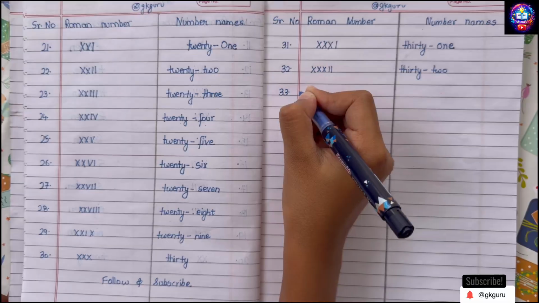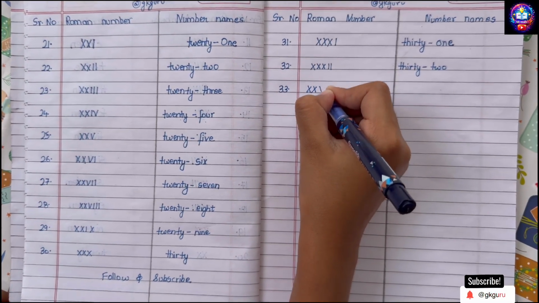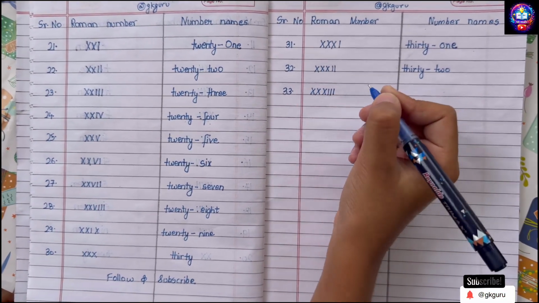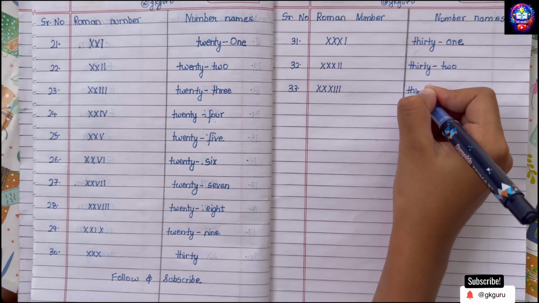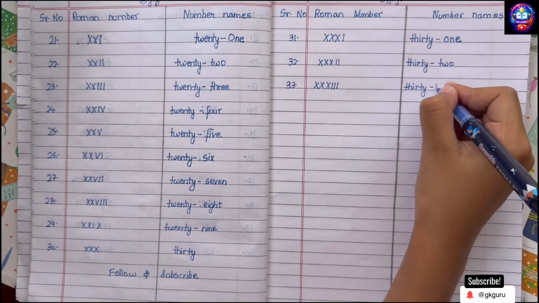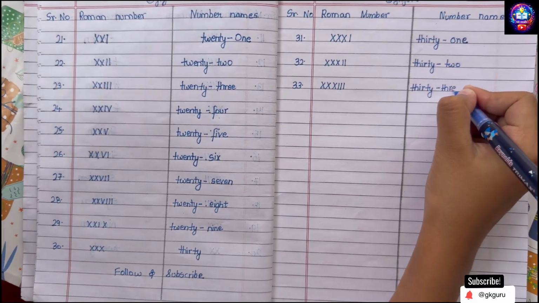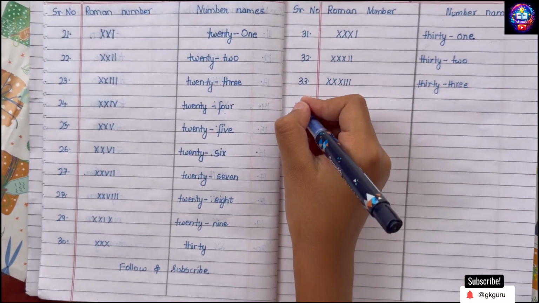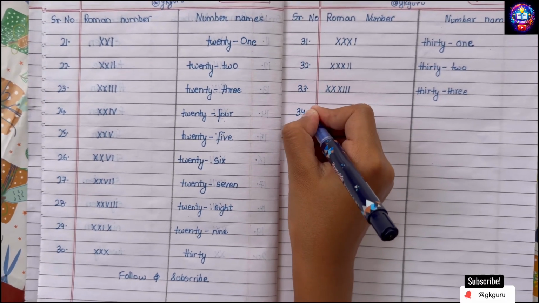Serial number 33. Roman number 33. Number names T-H-I-R-T-Y T-H-R-E-E, 3. Serial number 34. Roman number 34.